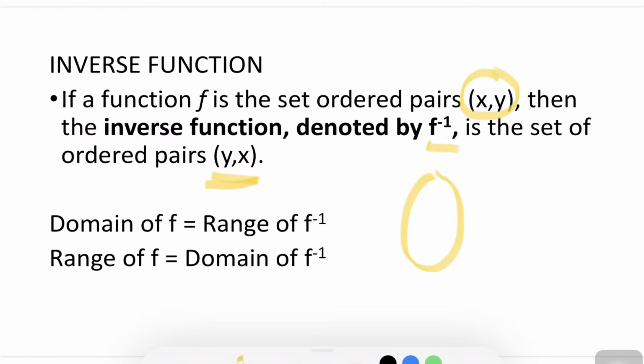So if we have a mapping diagram for the domain and range, the elements here are x's, the elements here are y's. So this is f.